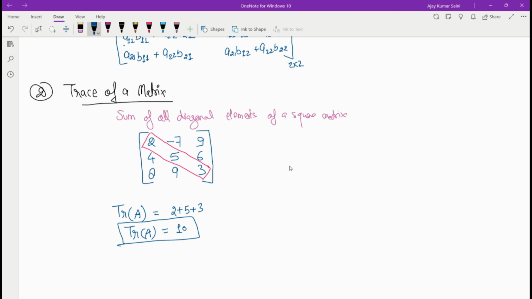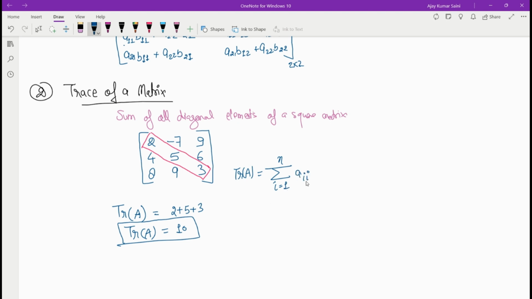I hope it is clear, or I can write a formula for this. I can write trace of A matrix is equal to the summation of i from 1 to n of Aii.